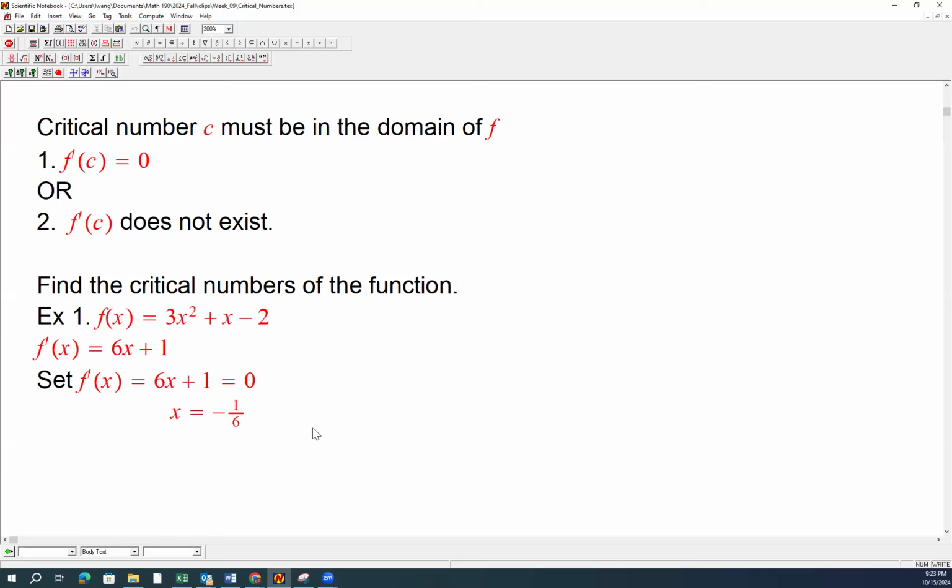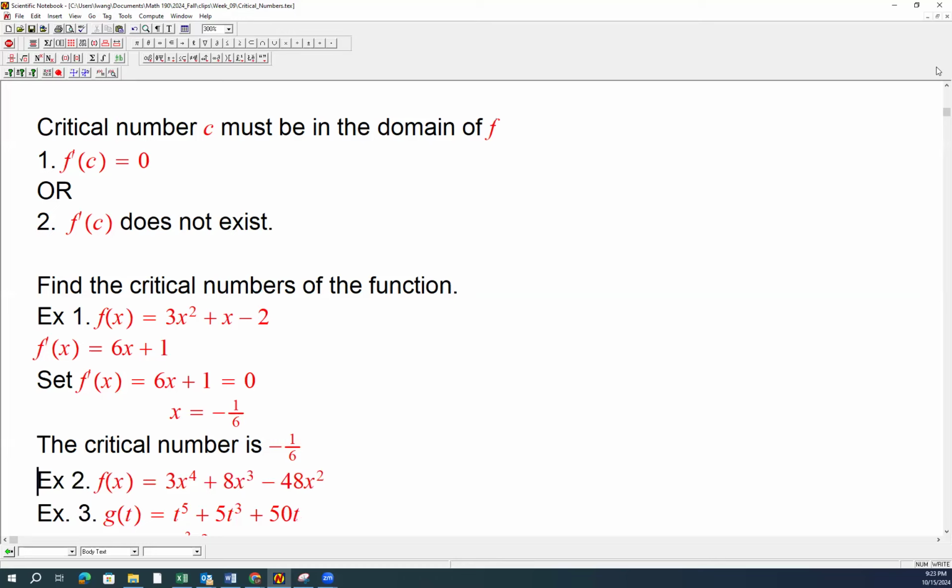So this is a critical number. The critical number is negative 1 over 6. Whether you use C or not doesn't really matter, as long as you explain what this number is about.